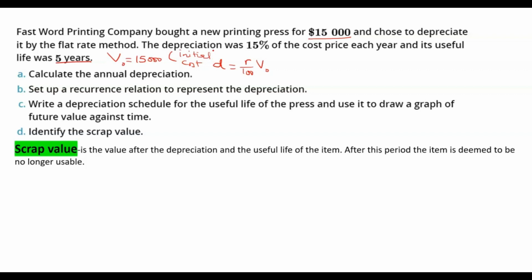The rate of depreciation is 15, times 15,000. That gives us a value of 2,250. So that's how much it's depreciating each year. That is how we calculate part A.